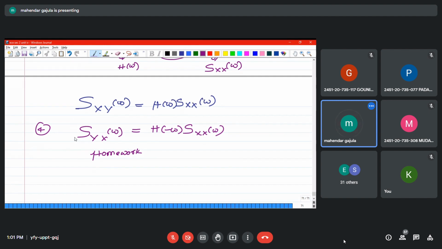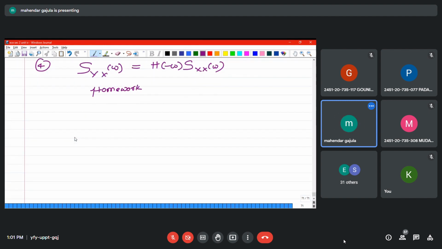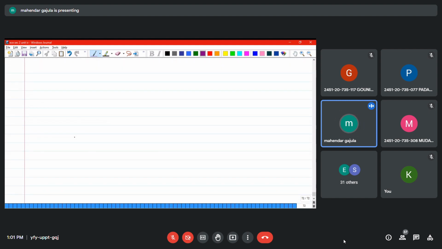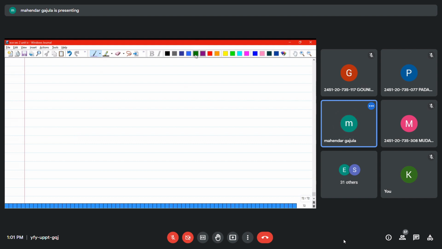Okay, let me give you some concepts. Low pass signal. A low pass signal means the distribution of power is at the origin.